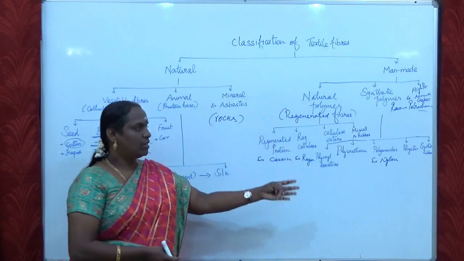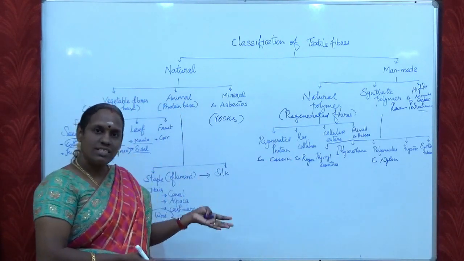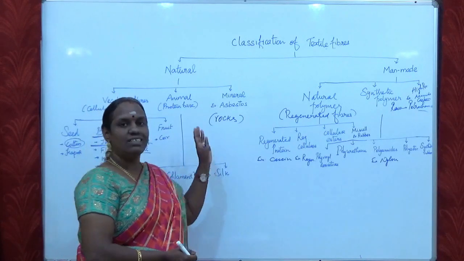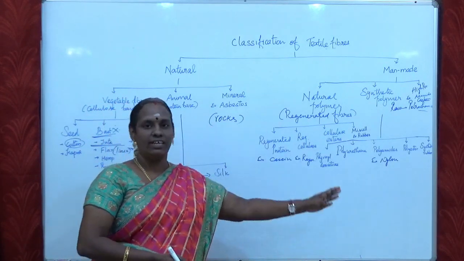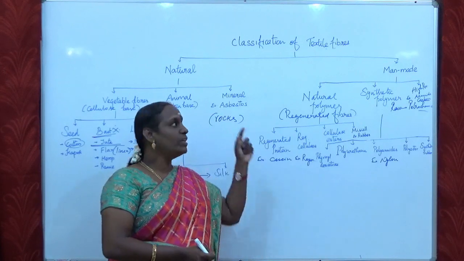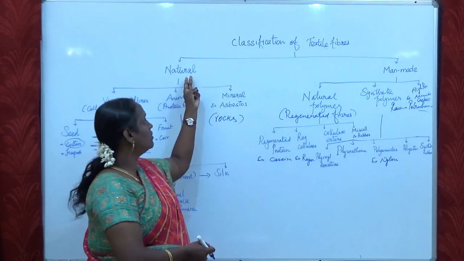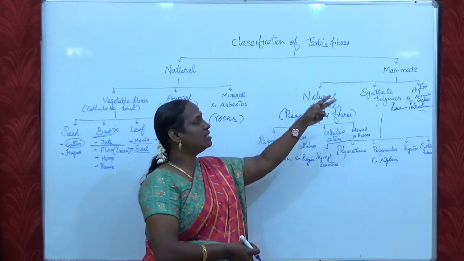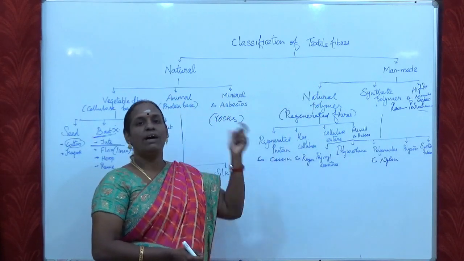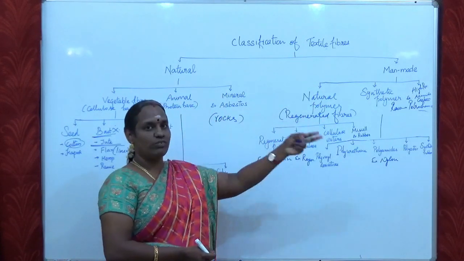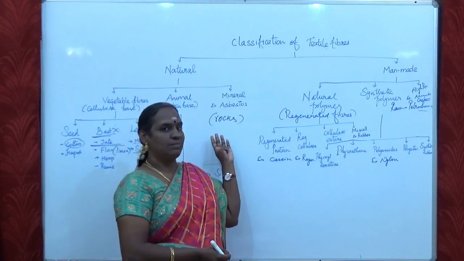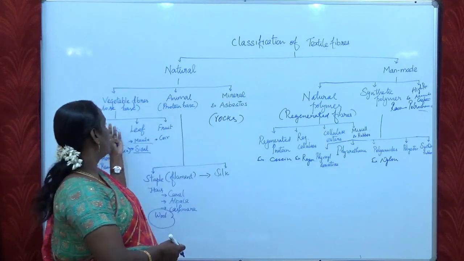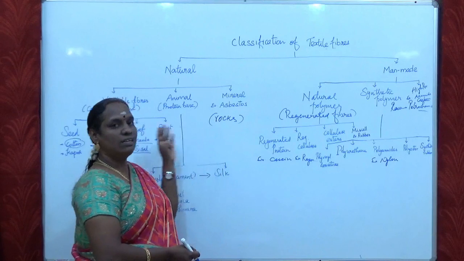So in today's session we have discussed the detailed classification of textile fibers. In these categories, the main first classification, natural and man-made, is based on the origin of the fiber. The natural fibers are obtained from the base of the fibers.